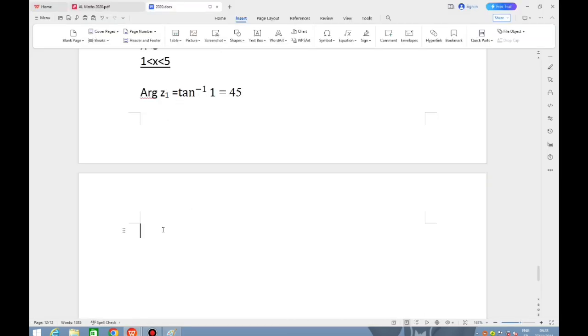Since z1 is located in the second quadrant, we're going to take 180 minus 45, which is going to give us 135.